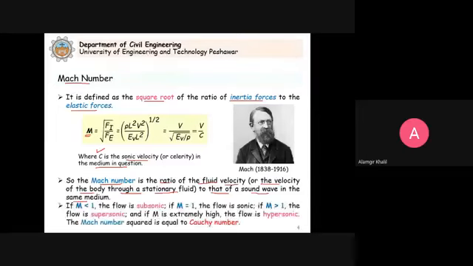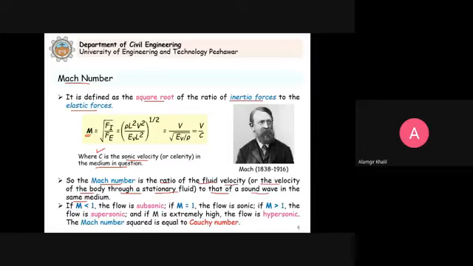Now if you go further into the depth, just like we say for the Reynolds number, for example in pipe flow, more than 2000, we say the flow is turbulent, less than 2000, it is laminar. For example, in Froude number, if it is equal to 1, we have critical flow. More than 1, velocity is more, so we have supercritical flow.